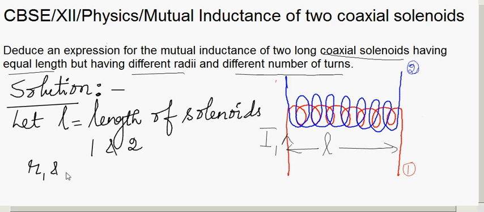R1 and R2 are the radii of solenoid 1 and 2 respectively.